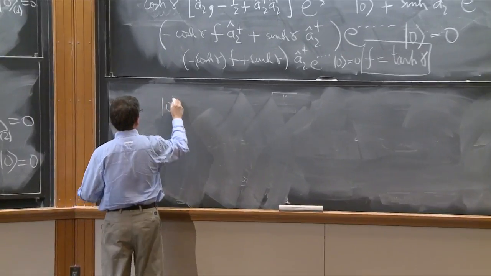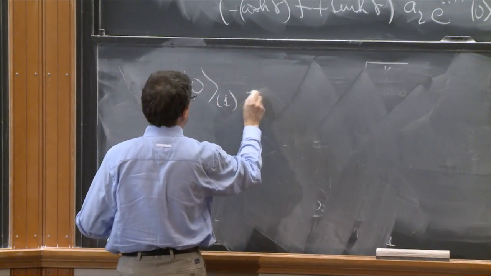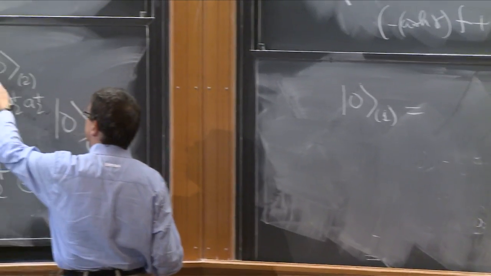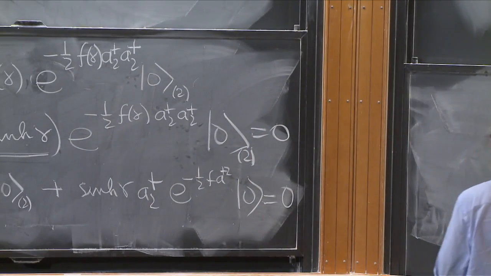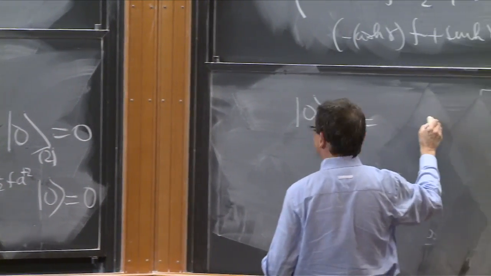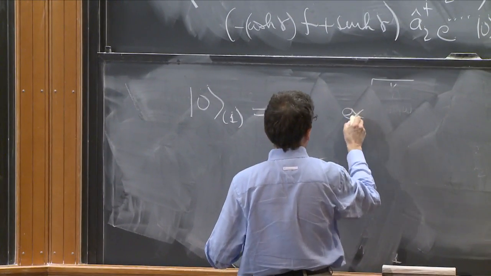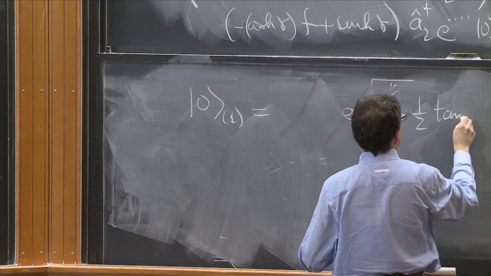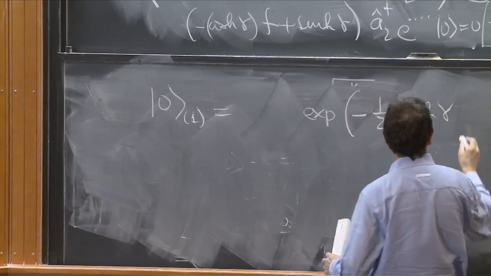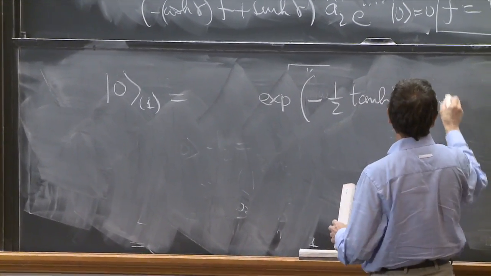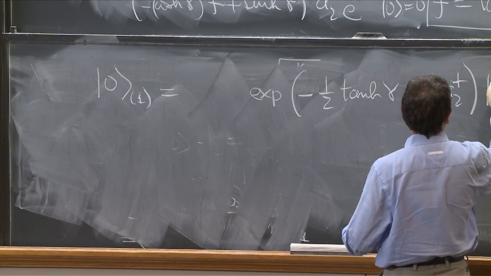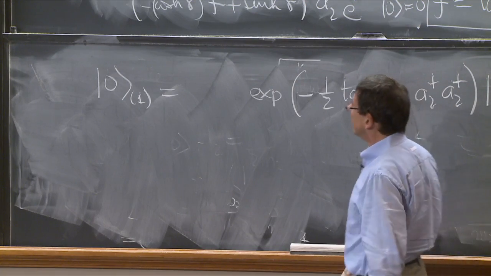This 0, 1, expressed in the new Hilbert space of the second oscillator, is some N of gamma times the exponential of minus 1/2 tanh gamma A2 dagger on the vacuum sub 2.